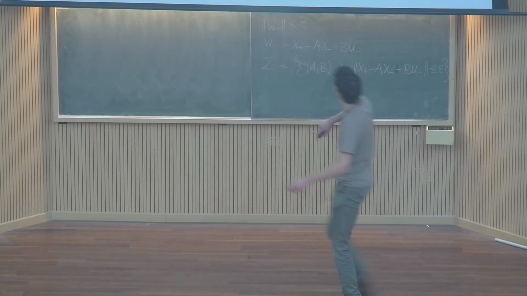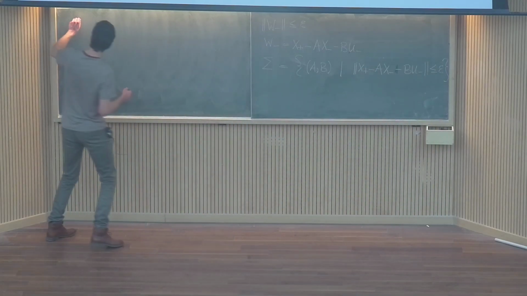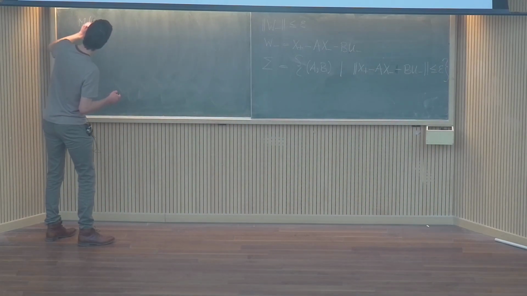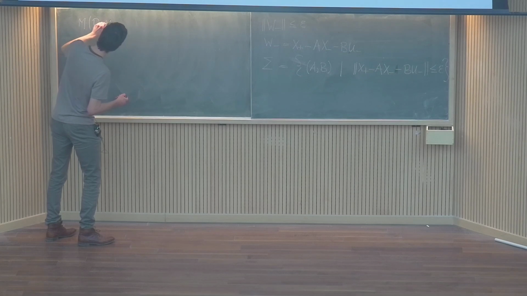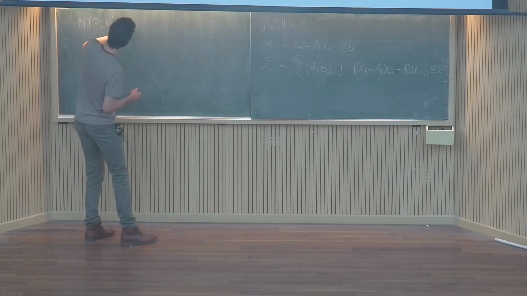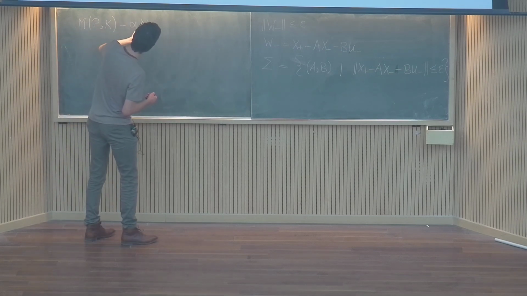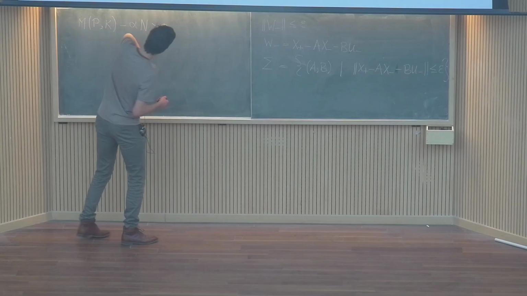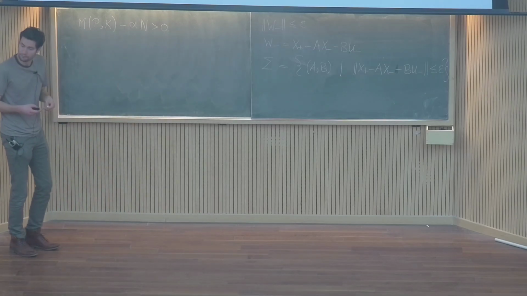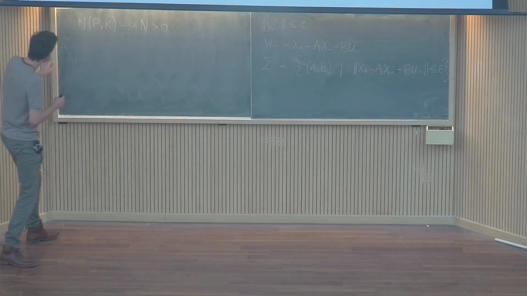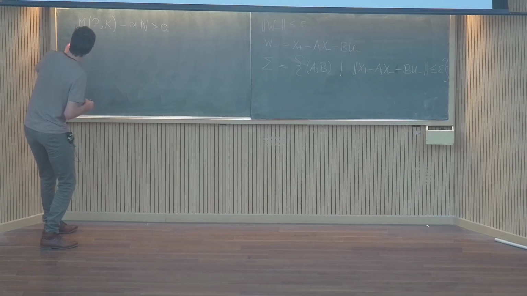What was the matrix inequality on the top? Well, it's simply M of P and K minus alpha times N is positive definite. Now multiply this whole thing from left by identity A transpose B transpose.